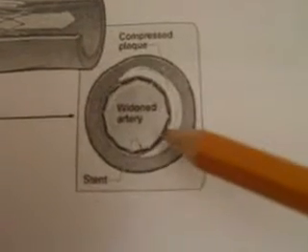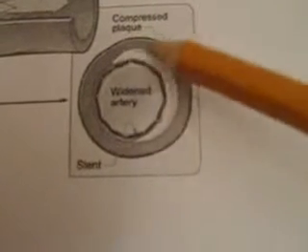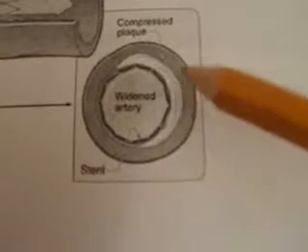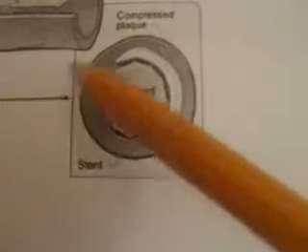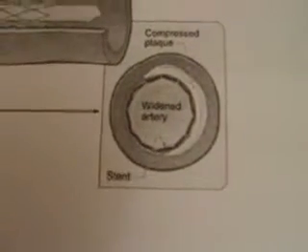And you can see here that this is where the widened artery takes place because of a stent that's creating a patent vessel. And this is a compressed plaque formation, or the plaque formation that took place is now compressed, and therefore the luminal size allows for appropriate coronary blood flow.